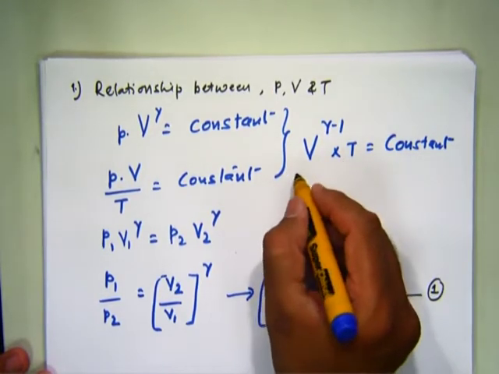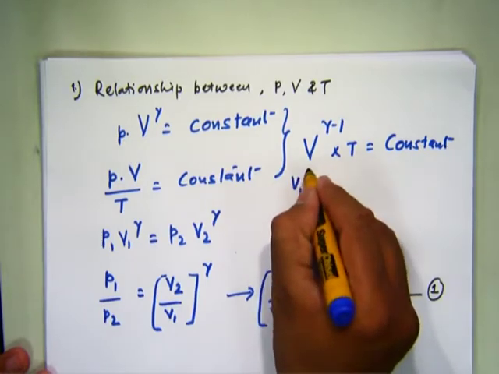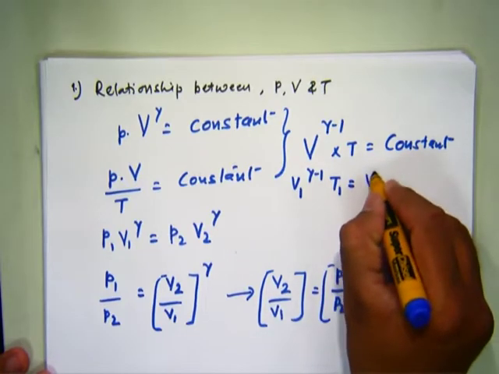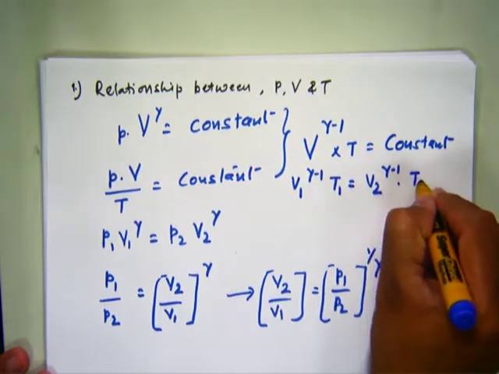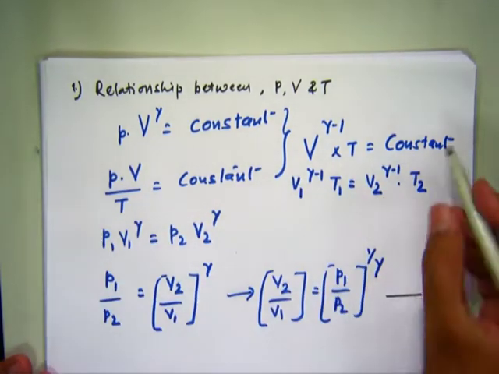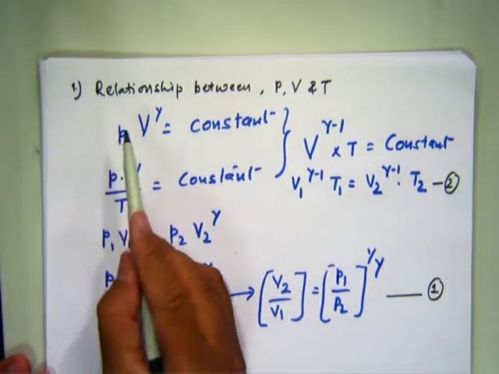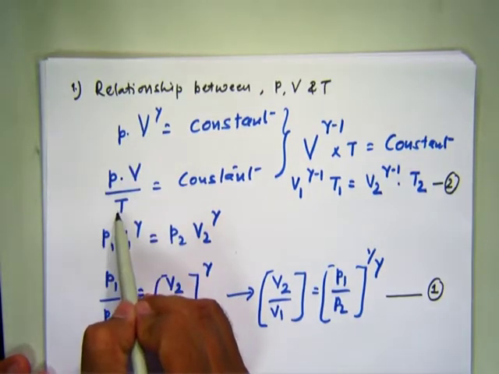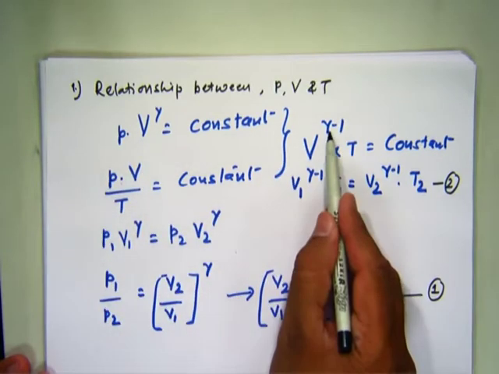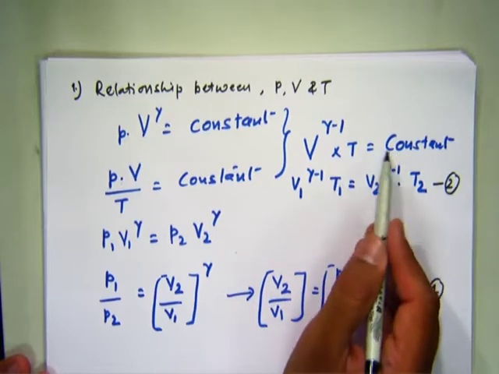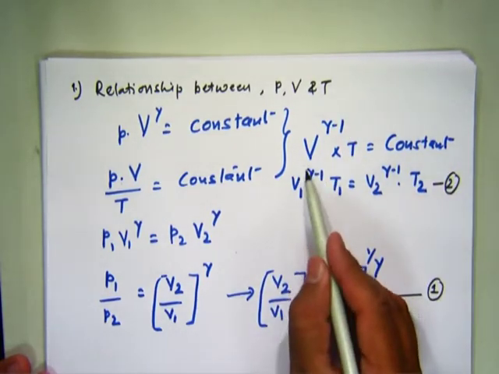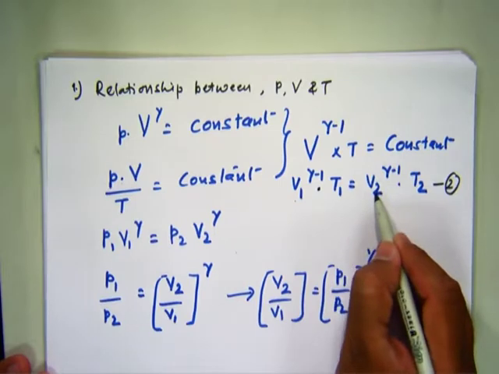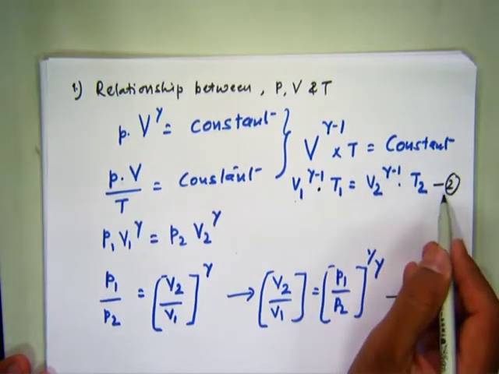You can write V1 raised to gamma minus 1 into T1 is equal to V2 raised to gamma minus 1 into T2. Let us say this is equation 2.